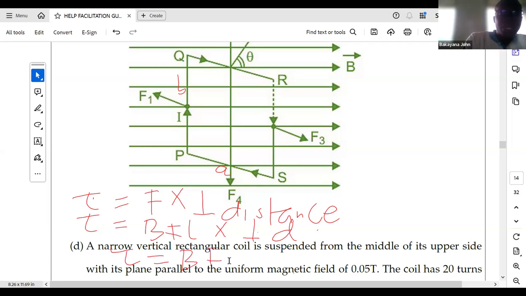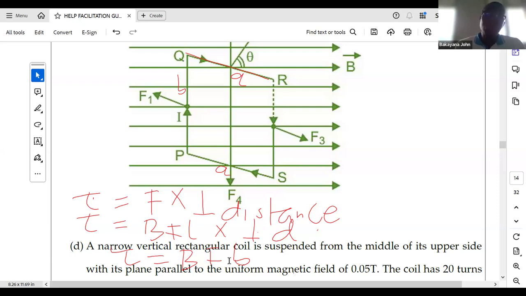So the L is going to be the length of the coil now. And then what is going to be the perpendicular distance? We want to resolve that side QR, which is the same as PS in length, along the field.